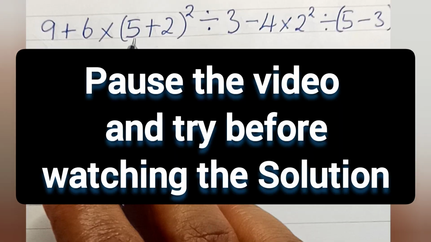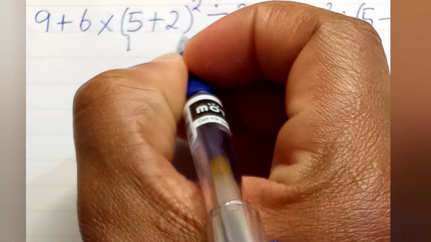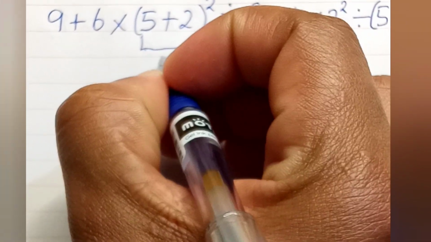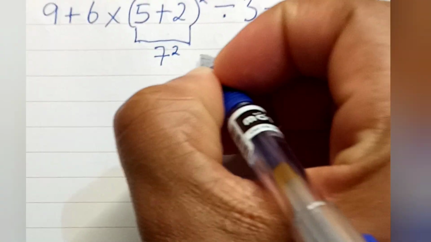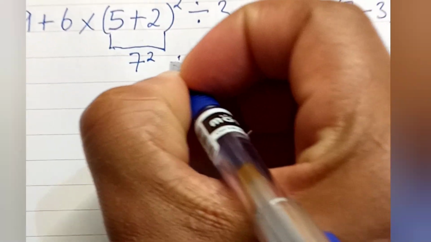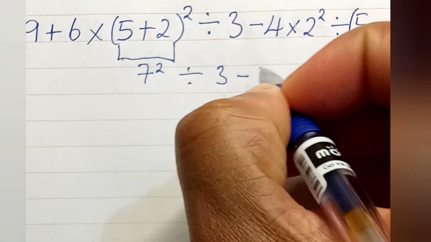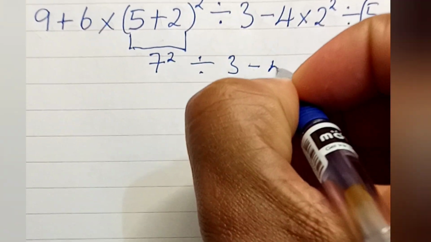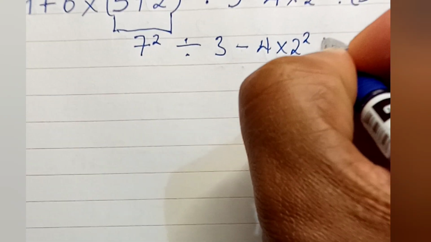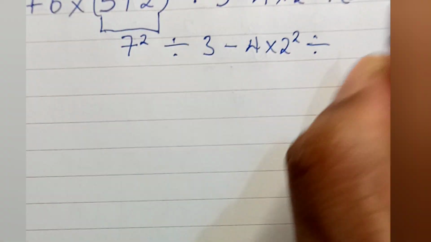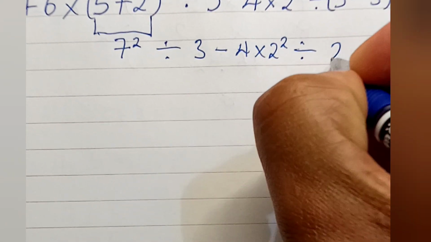So 5 plus 2 gives us 7, squared, divided by 3, minus 4 multiplied by 2 squared, divided by 5 minus 3, which gives us 2.